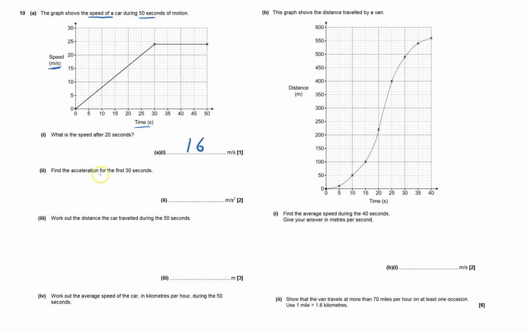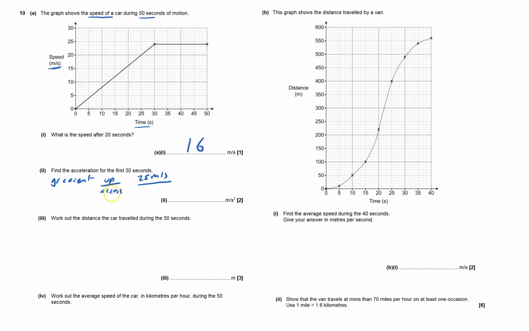The acceleration, well, acceleration is the gradient of a speed time graph. So it's a gradient we want, which is the up divided by the across. If we keep the units, it'll help us here. How far up has it gone in the first 30 seconds? It's gone up 24, and that's 24 meters per second.